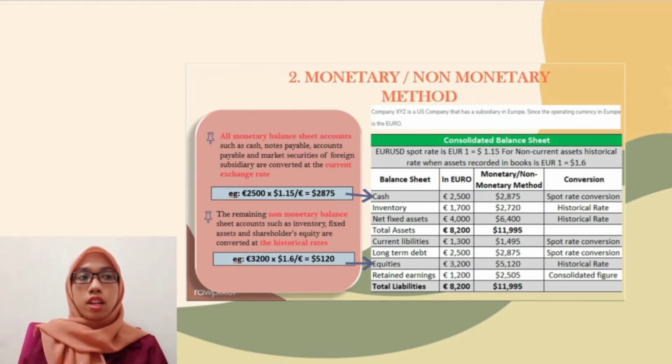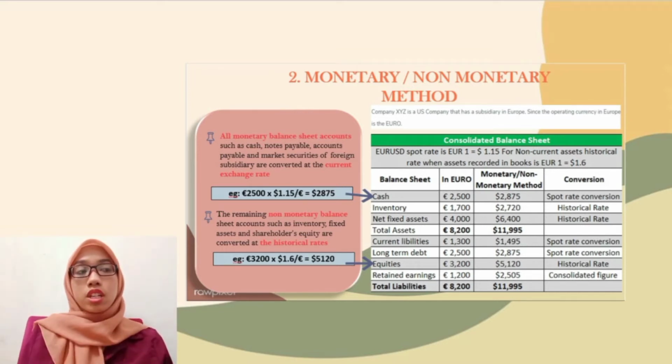The remaining non-monetary balance sheet accounts, such as fixed assets, inventory, and shareholder equity, are converted at the historical rate. For example, we calculate equity and multiply by the historical rate given, and we get $5,120.